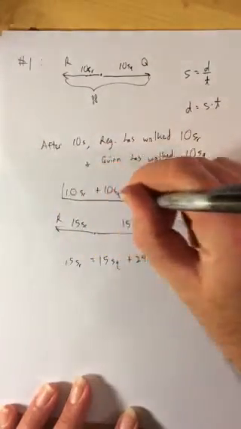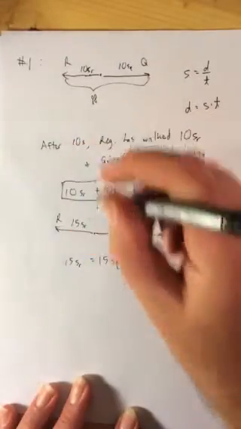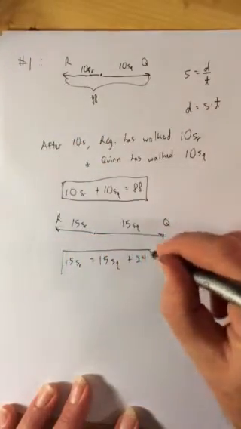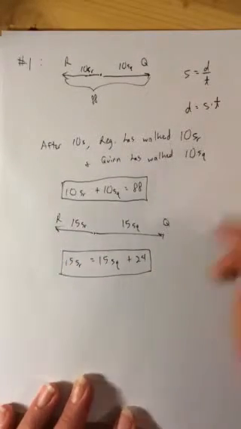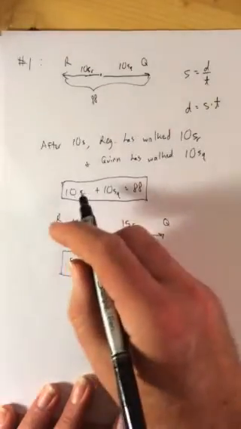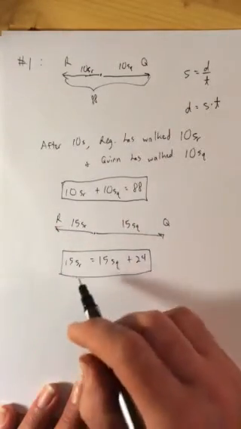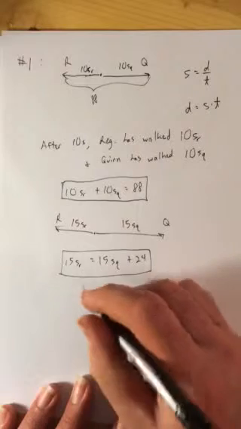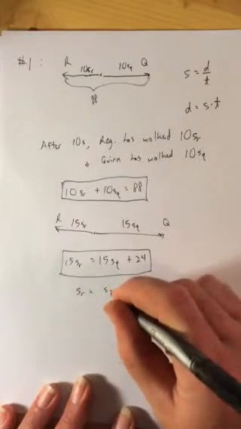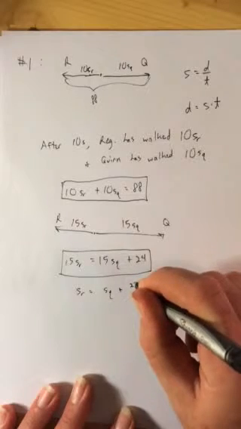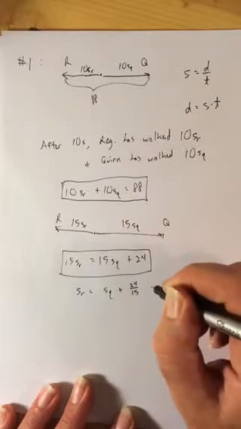So now neither one of these things gives us SR or SQ specifically, but we've got two ways we can relate them, so we should be able to find them both. The idea is to solve for one of them and plug it into the other equation. Since I've got SR isolated down here, I just divide everything by 15. So SR is SQ plus 24 over 15.